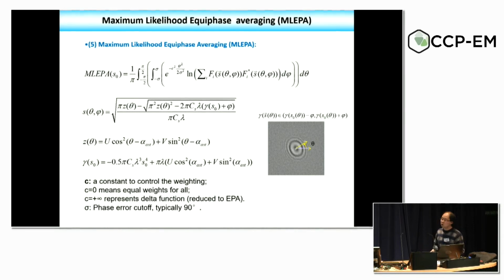But I would suggest an even better approach that considers the high noise of the micrograph, because the signal to noise ratio in the Cryo-EM micrograph is very, very low. I mean, even the equal phase averaging sometimes fails on a high noise micrograph. By applying a maximum likelihood approach, we assume that there is some estimation error.